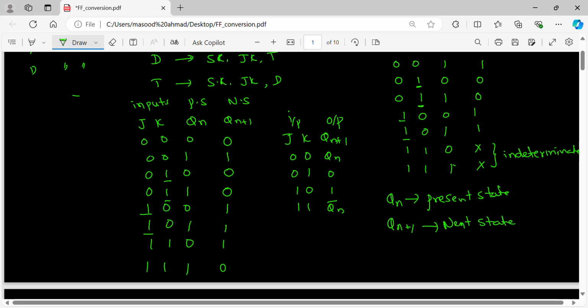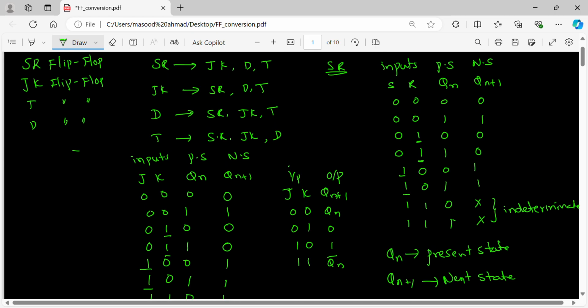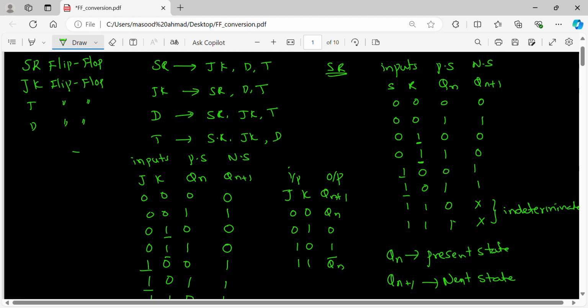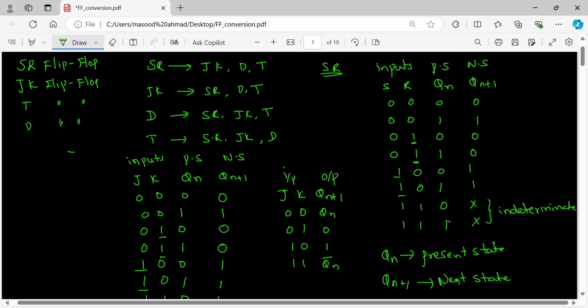Similarly, whatever we have seen with respect to the JK, we can also see in the case of SR. In SR, I write in short form: S, R, Qn plus 1. For 0 0 it is Qn, for 0 1 the output is 0, for 1 0 the output is 1, for 1 1 it is indeterminate.